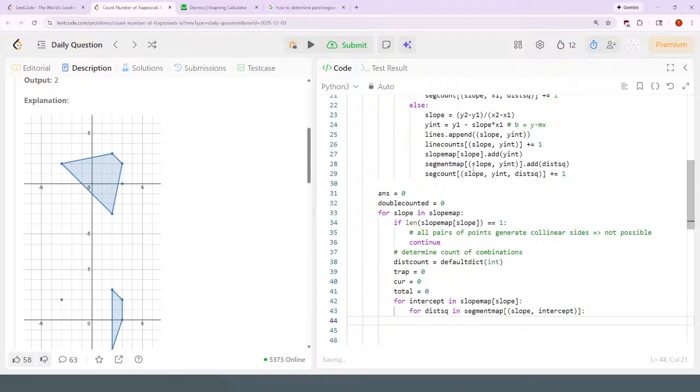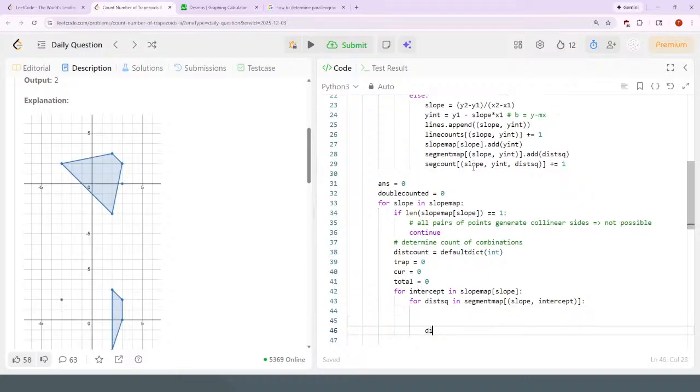So this thing should eventually do something like distance count of distance squared is increased by the segment count for this particular slope, intercept, and distance squared.